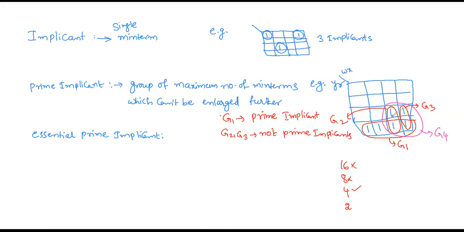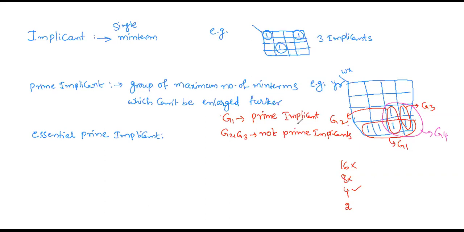But even though you have the choice to increase the size of G2 and G3, you are not doing so. So G2 and G3 are called not prime implicants. Look at the definition once again: group of maximum number of minterms which cannot be enlarged further. Here G2 and G3, we can increase their size by taking the help of other minterms. But in the case of G1, we can't increase its size.